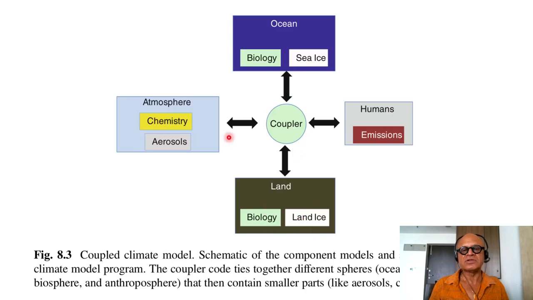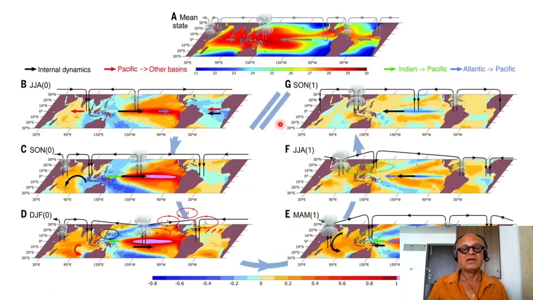So that's a very simple way to look at it, but the coupler is a big deal, and each center tends to have a coupler that does things a little bit differently.